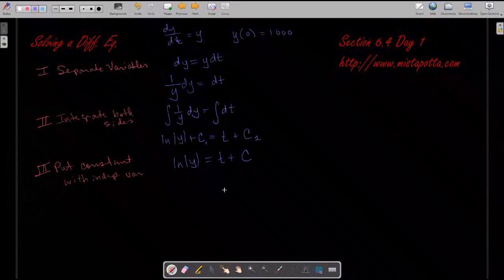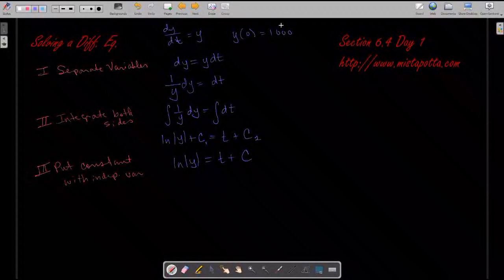Now, right now, I know that for this initial condition, I don't really need to worry about the absolute value here, because I'm only going to be dealing with positive bacteria. My bacteria is a model that I'm trying to write an equation for, and so I'll never have a negative number.